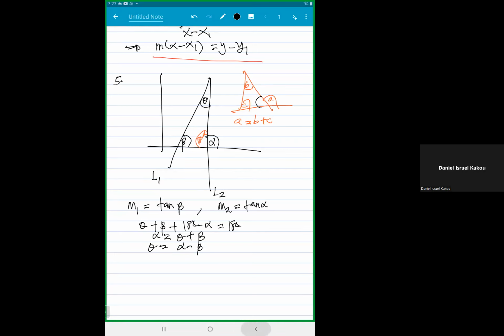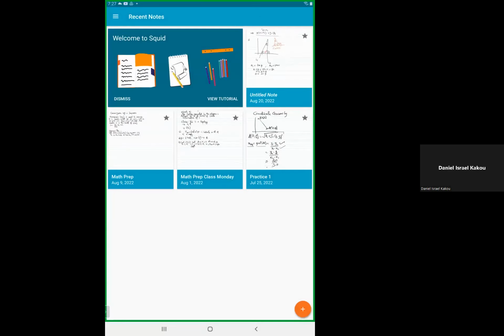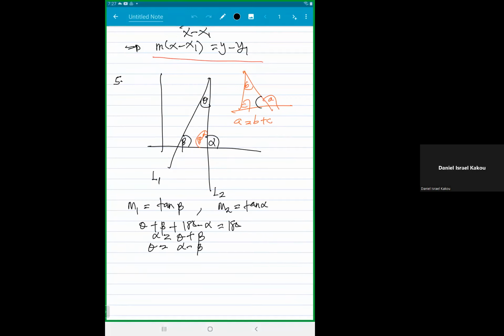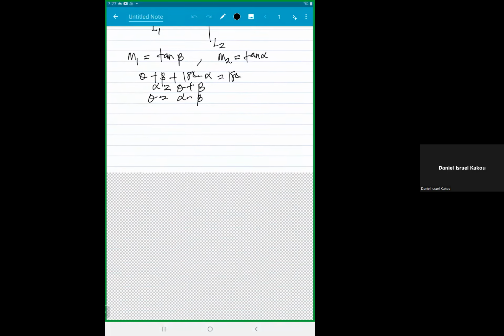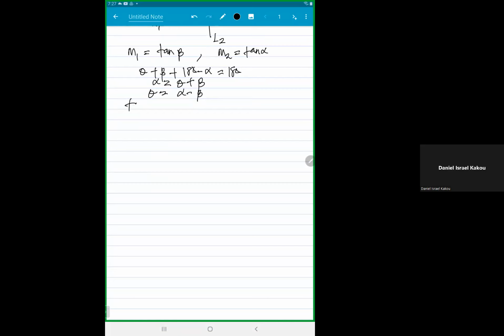So what if I want to find the tan of both sides, tan of theta and tan of alpha minus beta? Then I can expand the right-hand side further, borrowing some ideas from trigonometry.